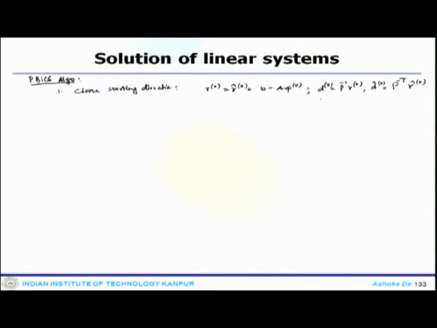So, this is the difference. One can see immediately it deviates from the standard BiCG algorithm because of this preconditioning matrix.